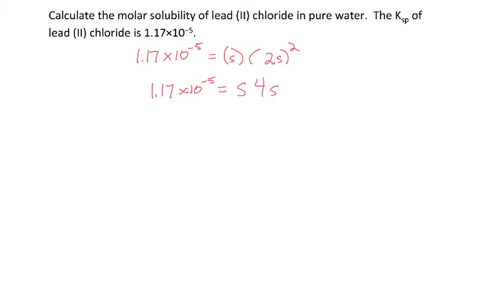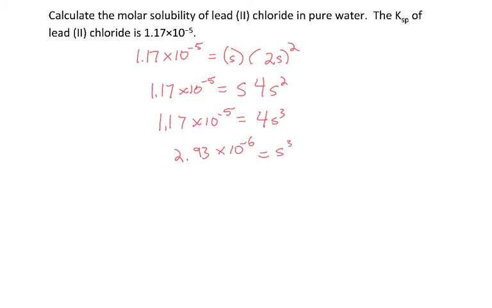When I square the S, I get an S squared. So now when I collect terms, I'm going to have 4S cubed. So then I'll divide both sides by 4, and I get 2.93 times 10 to the minus 6 is equal to S cubed.